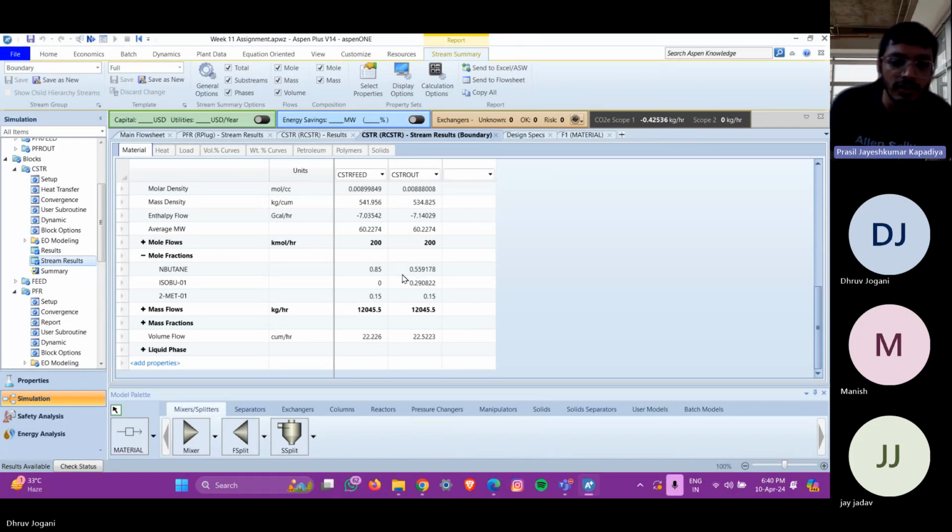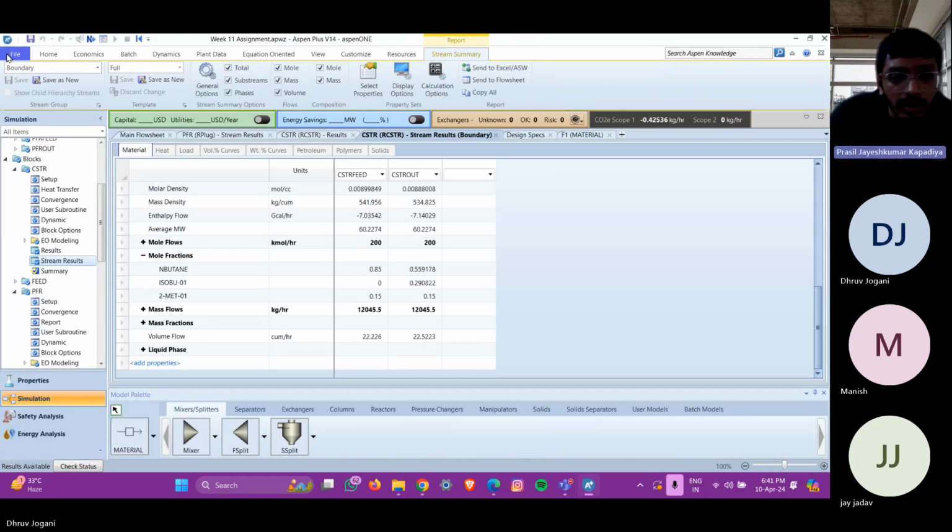So now, what is the conversion here? 1 minus 0.559178. I am not checking your inputs, so if there is something wrong with the input, I can't help. Okay, it is 34% conversion, right? Now, your conversion is 70%. So 0.7 is equal to, sir, we will subtract from 0.85 because 0.15 is inert.